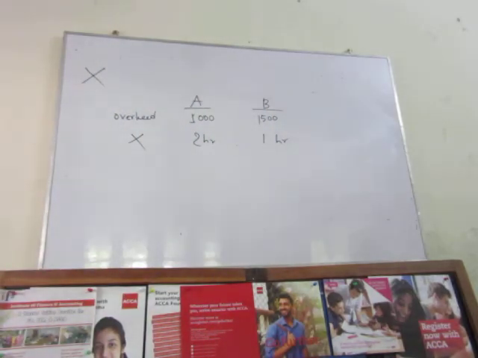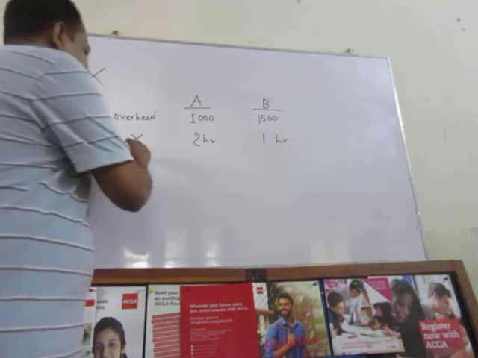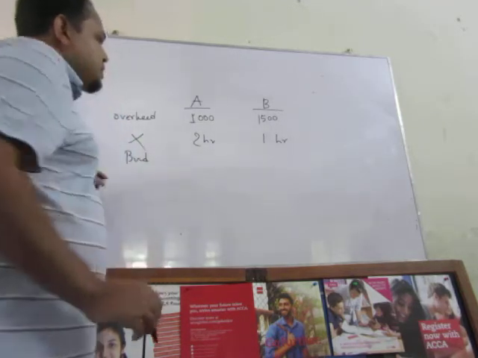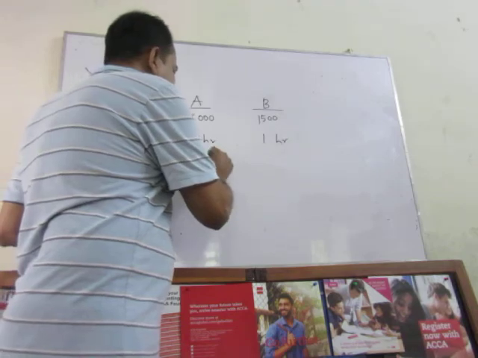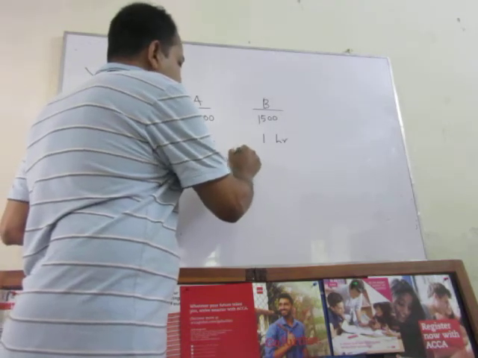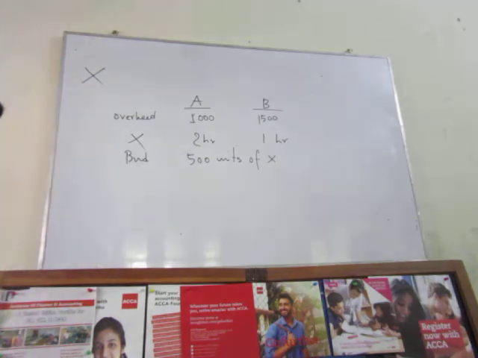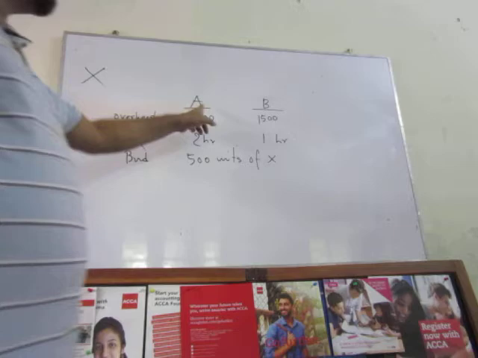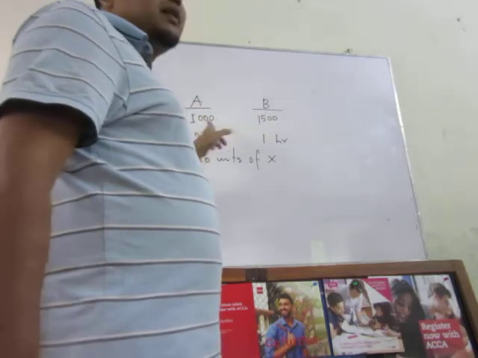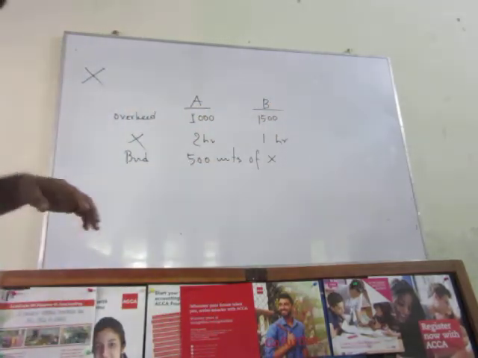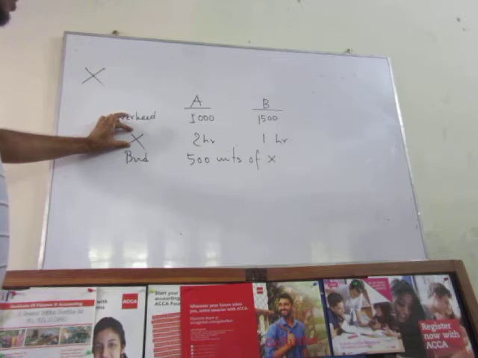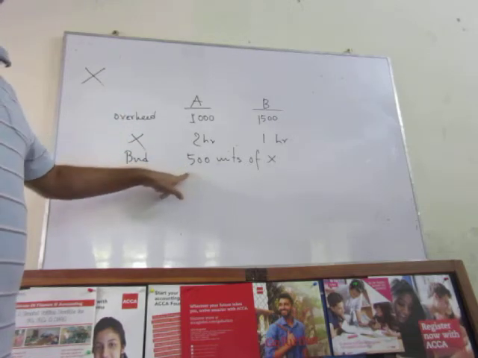Okay? Budget is that 500 units of X will be produced. Notice, no other figures will be given besides this. Two different departments' overhead is there. One individual product, budgeted unit is 500.